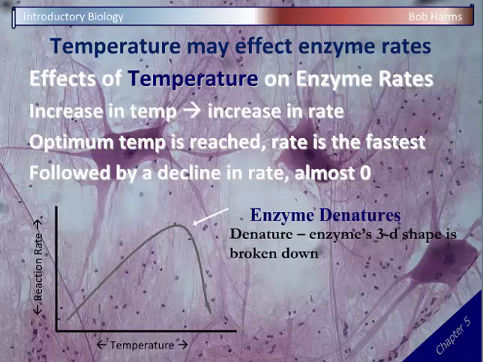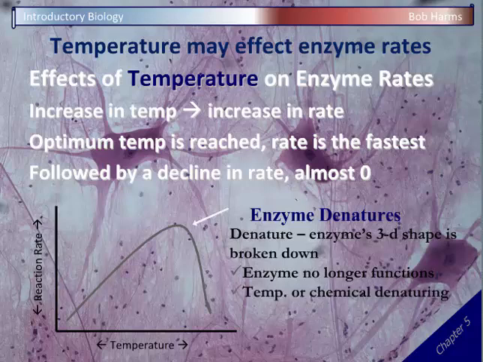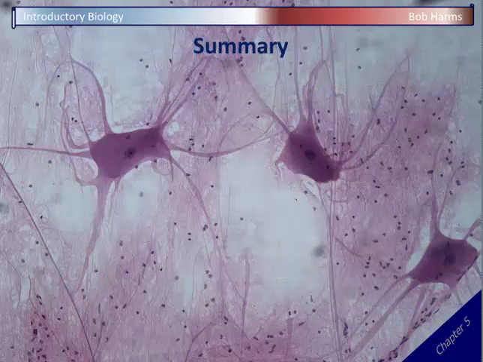Once we break down that enzyme's three-dimensional shape, its active site is no longer going to bind to the substrate, so that enzyme is no longer going to function. Certainly temperature can denature or break apart an enzyme, or chemicals can do it. Things like pH or other chemical conditions might act to alter that enzyme's three-dimensional shape. Again, we'll look at temperature and several other factors and their effects on enzymes in lab.